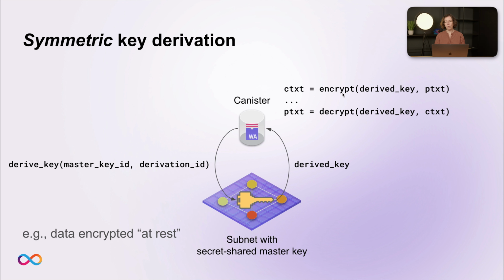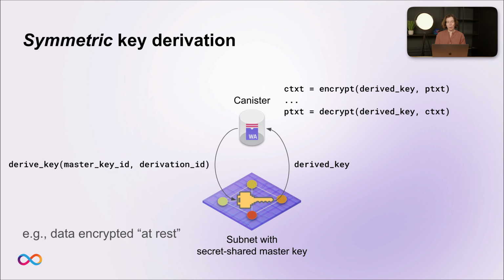And with that derived key, you can, for example, encrypt some plain text message, retrieve a ciphertext, and with that key, then you can also decrypt the ciphertext with the same derived symmetric key and retrieve a plain text. So this is one very simple example of symmetric key encryption that you can use your derived key for.